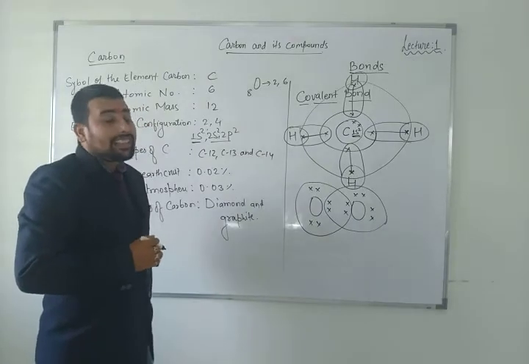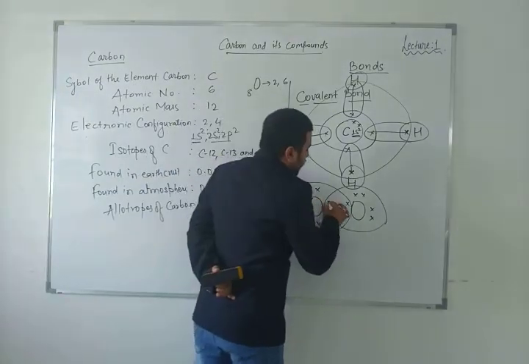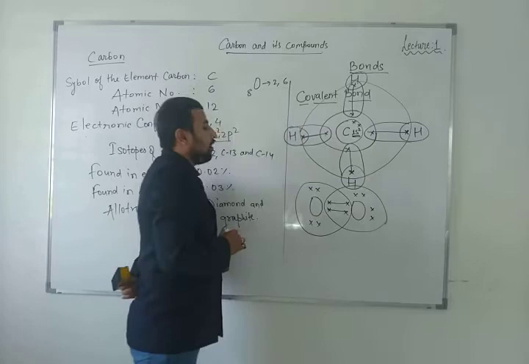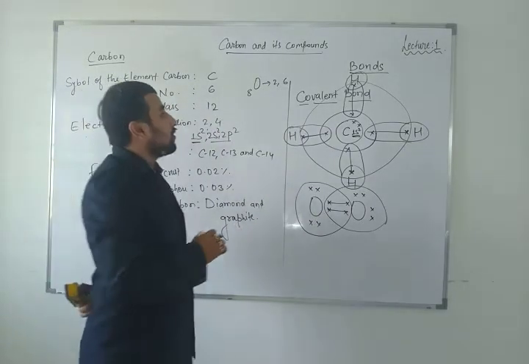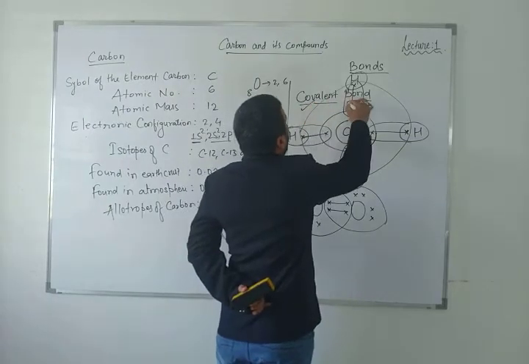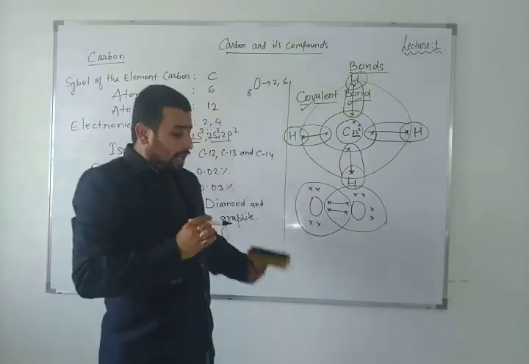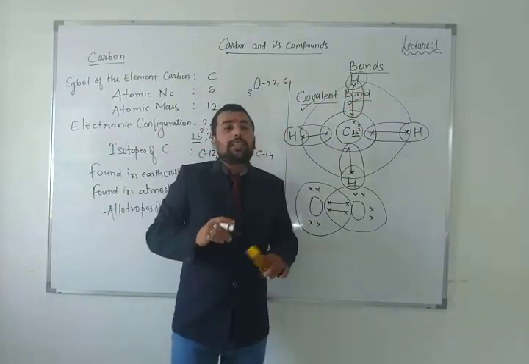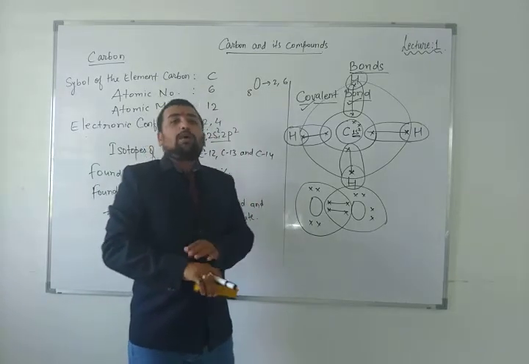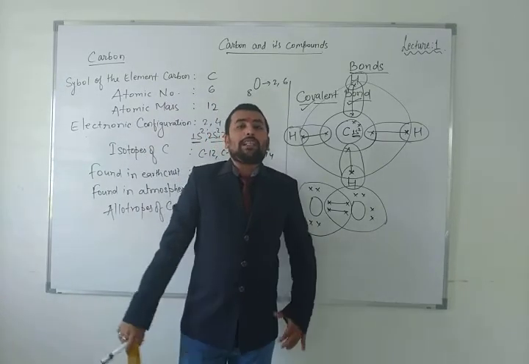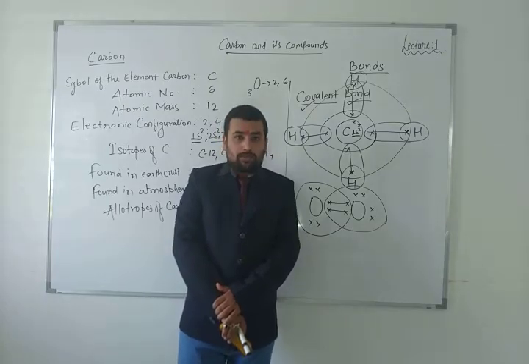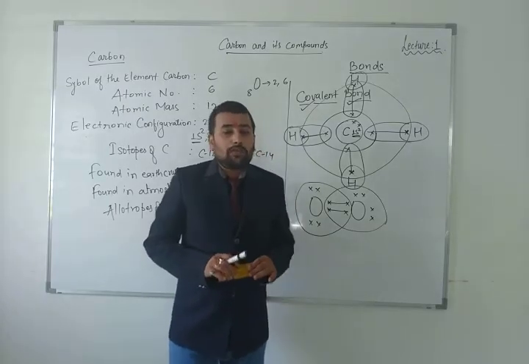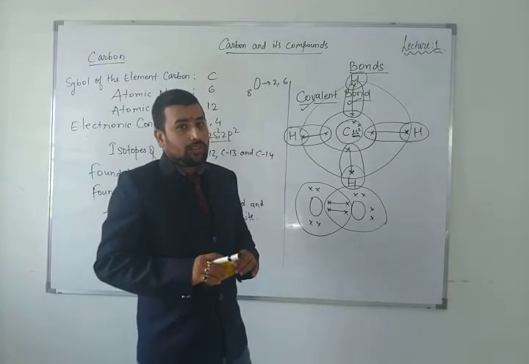So they can't completely transfer, they can share their electrons with each other, and the bond formed by the sharing of electrons is called a covalent bond. So if anybody asks you what is a covalent bond, the bond which is formed by the sharing of electrons is called a covalent bond.